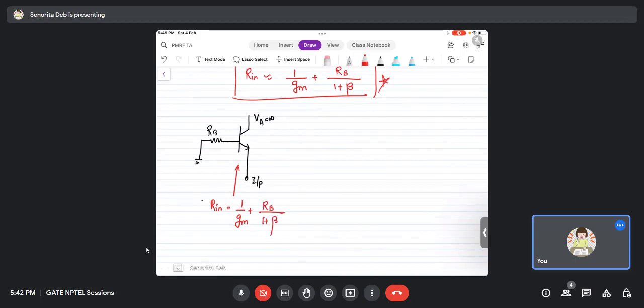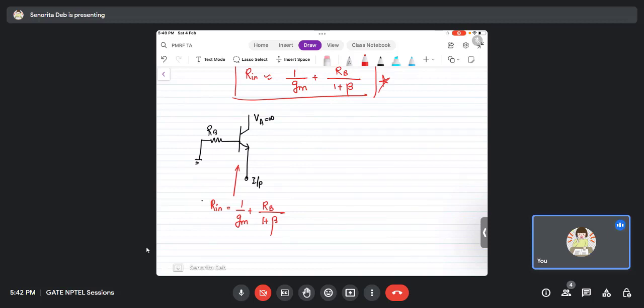So Rb is decreased by a factor of beta and gets added to 1 by Gm. When Rb is not there, it is only 1 by Gm which is present in the circuit, right? That we had earlier seen. But if Rb is there, a portion of the current also goes to the base, which is very small, and therefore the increment in the resistance is also very small, which is Rb by 1 plus beta.